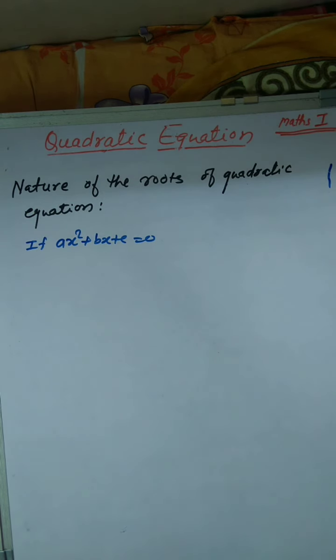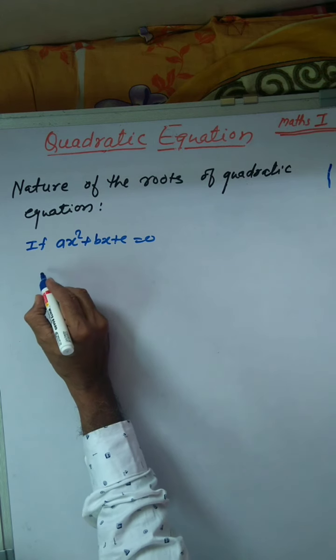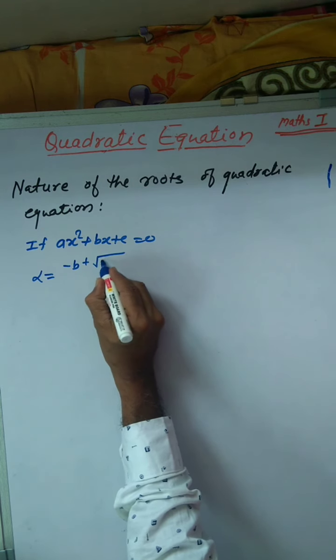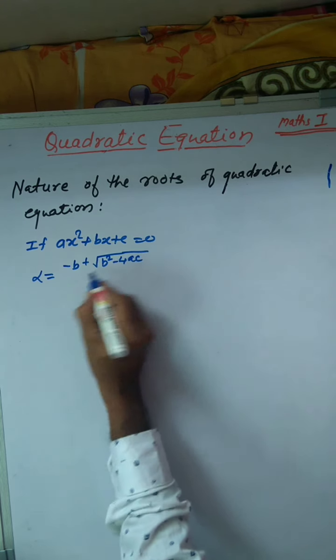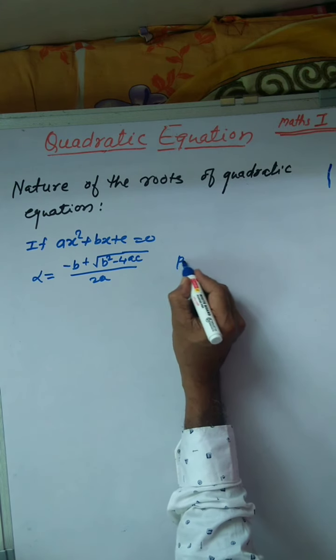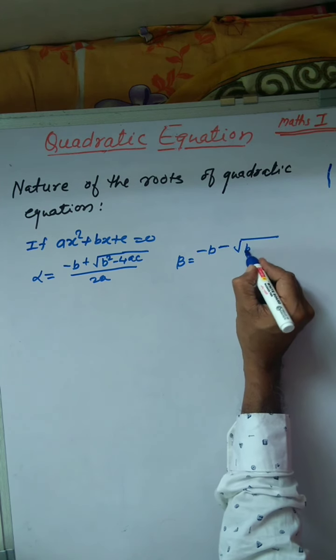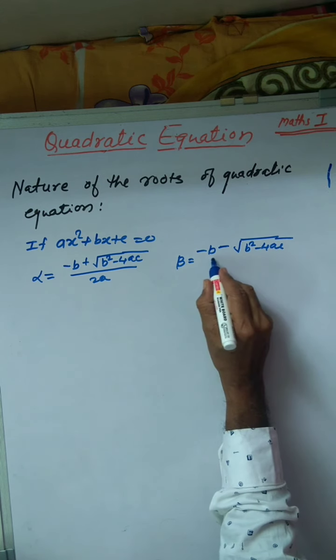If ax² + bx + c = 0 is the quadratic equation, where a, b and c are constants and x is the variable, where a is not equal to 0, then by the formula method we see that there are two roots: alpha is equal to (−b + √(b² − 4ac)) upon 2a, and beta is (−b − √(b² − 4ac)) upon 2a.